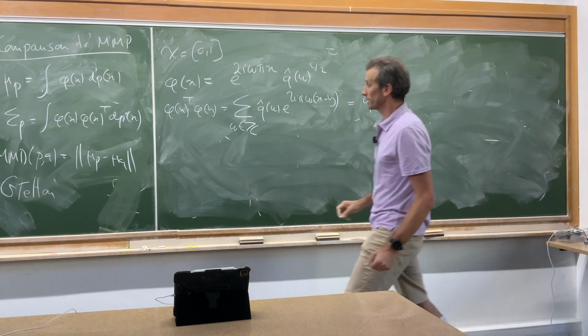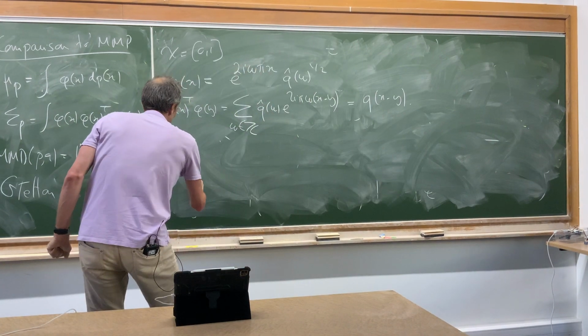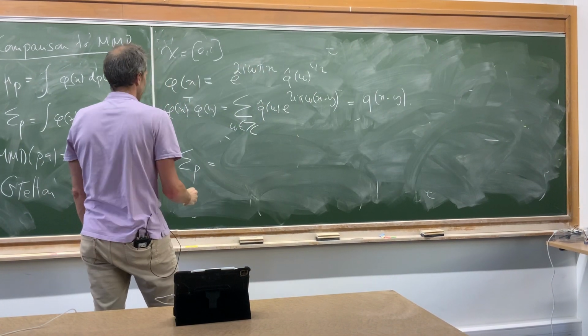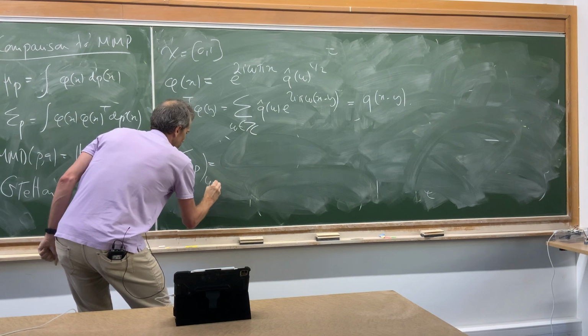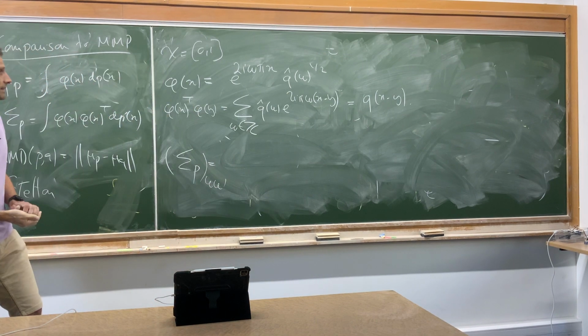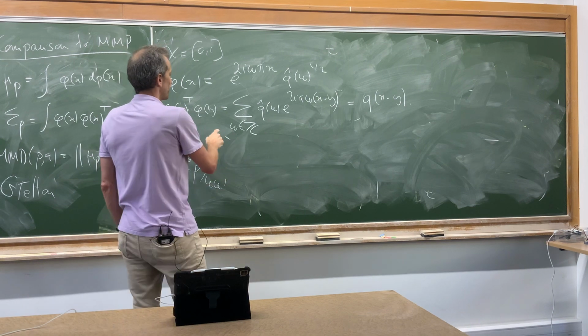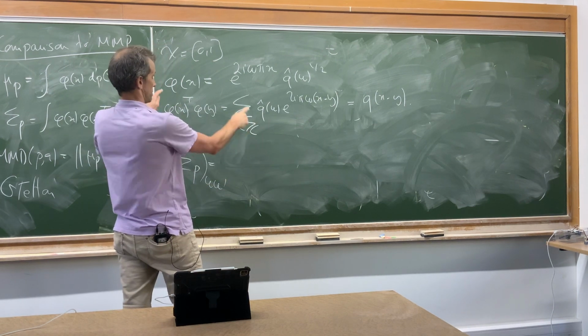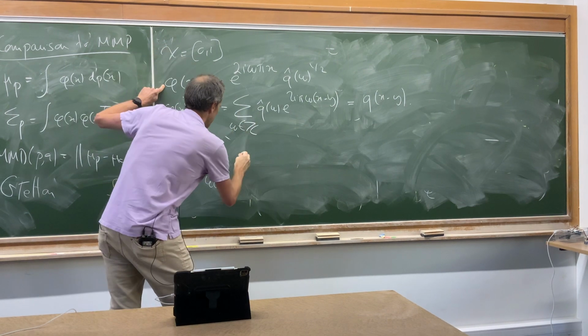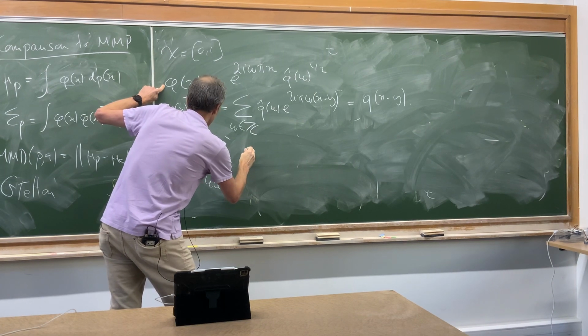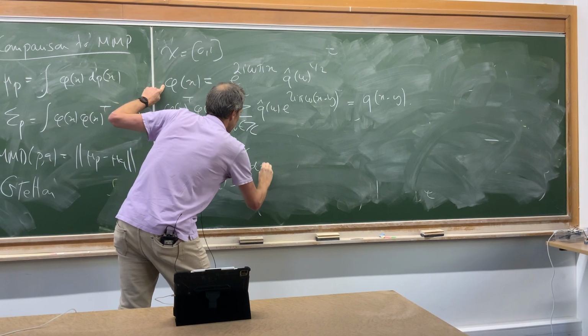So what is sigma p here? This is an infinite dimensional matrix indexed by Z, the frequencies, and this is the expectation of that. So you get the integral over dp of x.